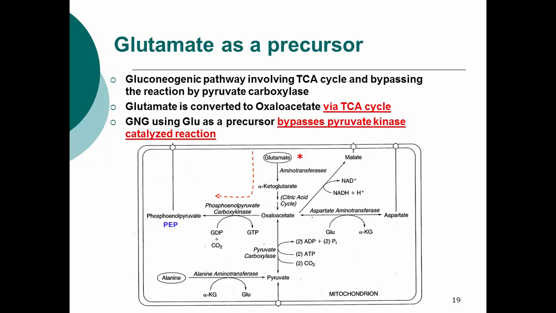And secondly, the TCA cycle is part of the gluconeogenic pathway if we use glutamate as a precursor. Does that make sense? And lastly, gluconeogenesis from glutamate actually bypasses the pyruvate kinase key reaction, this reaction, right?